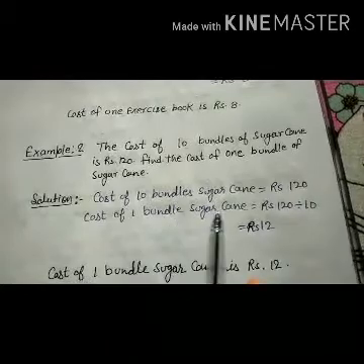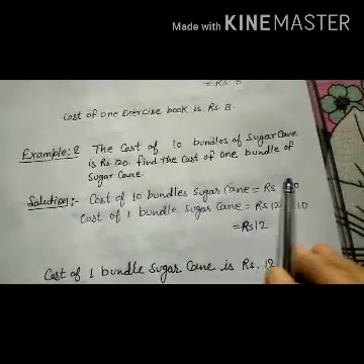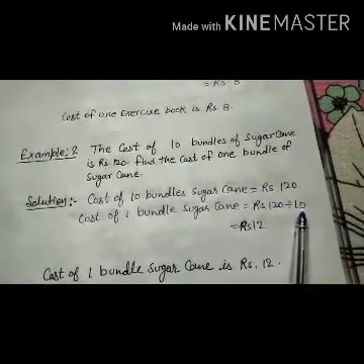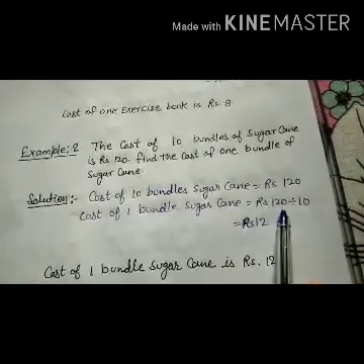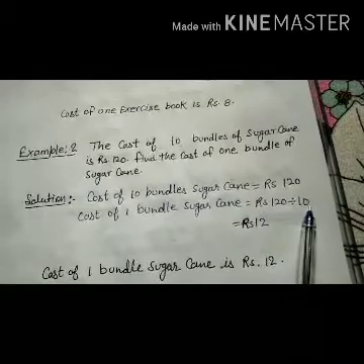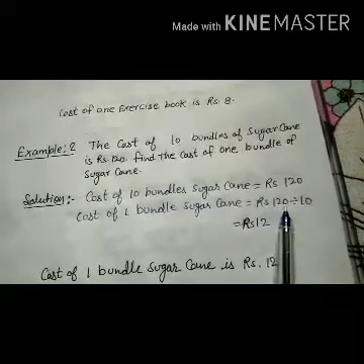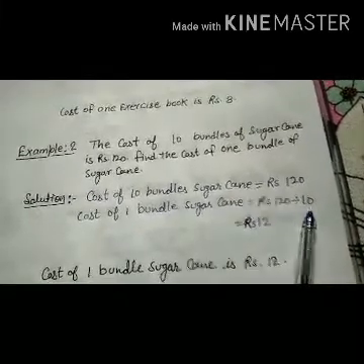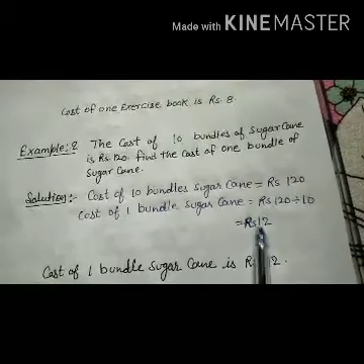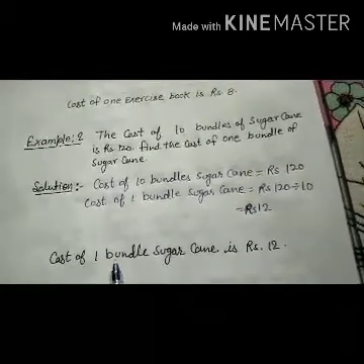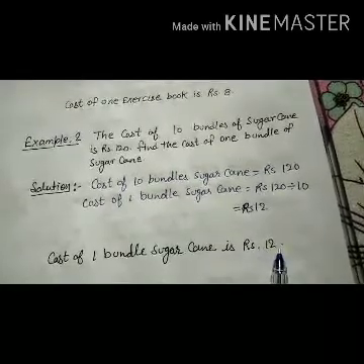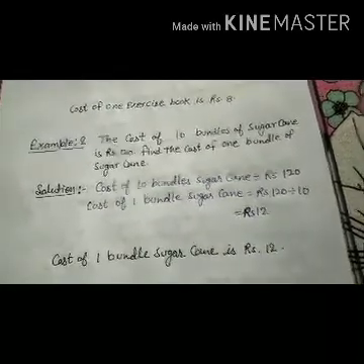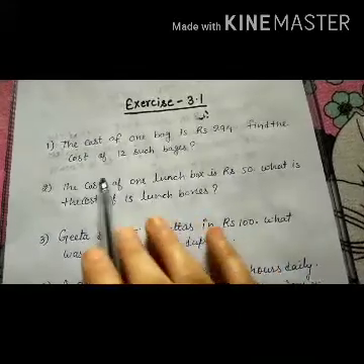The cost of one bundle is equal to total cost divided by number of objects. So total cost we have 120 and how many bundles? 10 bundles. So 120 divided by 10 we have rupees 12. So the cost of one bundle of sugar cane is rupees 12 only.